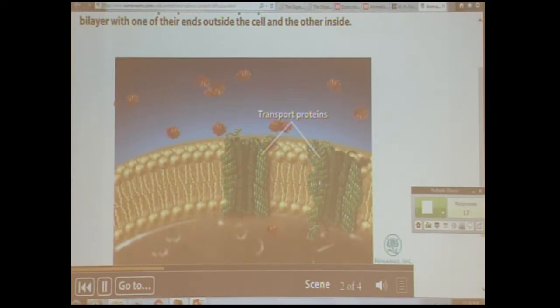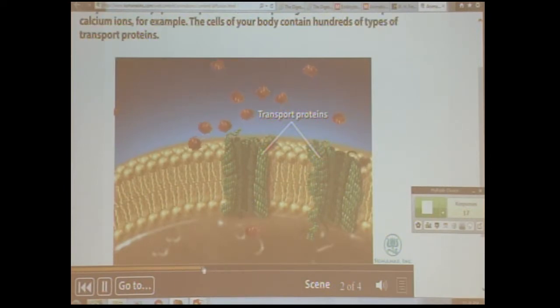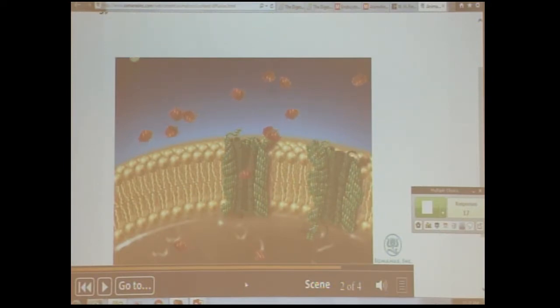But there's the transport proteins that have a shape that'll grab the glucose and let it through. And so here, if you look at the calcium, it doesn't have the right shape, so it doesn't fit to go through. It would need a different channel to be there.